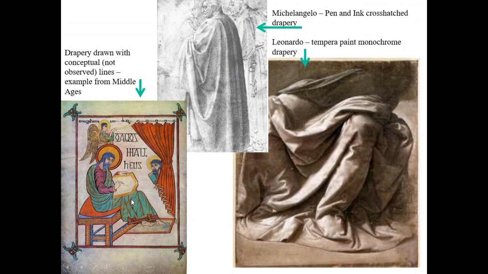The lines that are drawn here in the image from the Middle Ages really just sort of suggest the idea of folds in the fabric, but don't create a convincing illusion of that drapery being on top of a fully three-dimensional object.